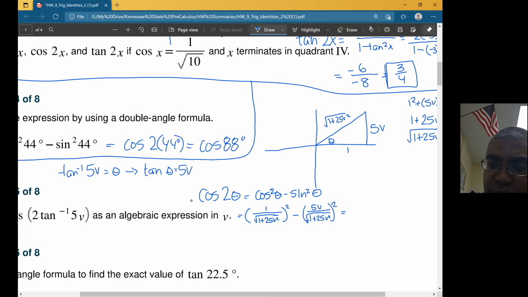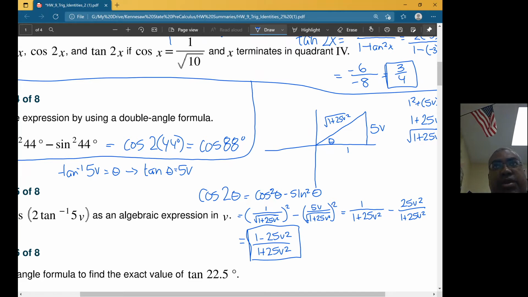That is 1 over 1 plus 25v squared, because I just squared it, it became the same thing, minus 25v squared over 1 plus 25v squared. Put them together and you get 1 minus 25v squared over 1 plus 25v squared. And believe it or not, you can't do anything else with that. That's pretty much what that is.